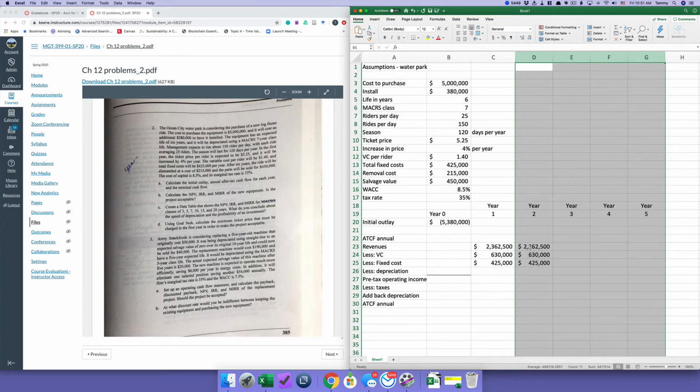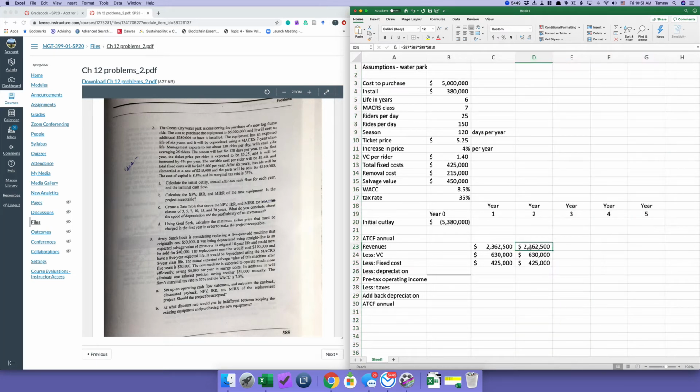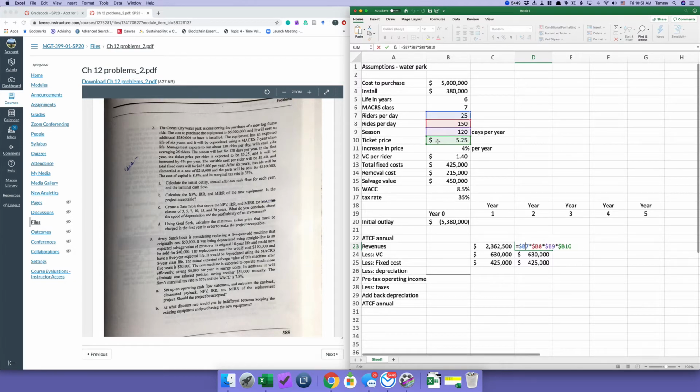The only thing is that we need to grow the revenues. I'm sorry, grow the ticket price. So where it refers to the 525, what we're going to do is grow it every year.